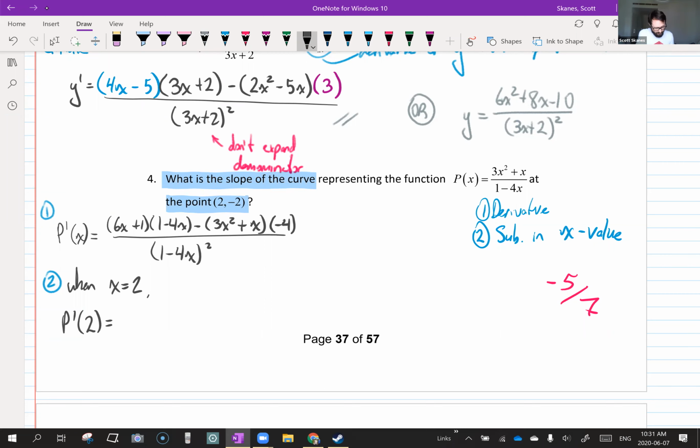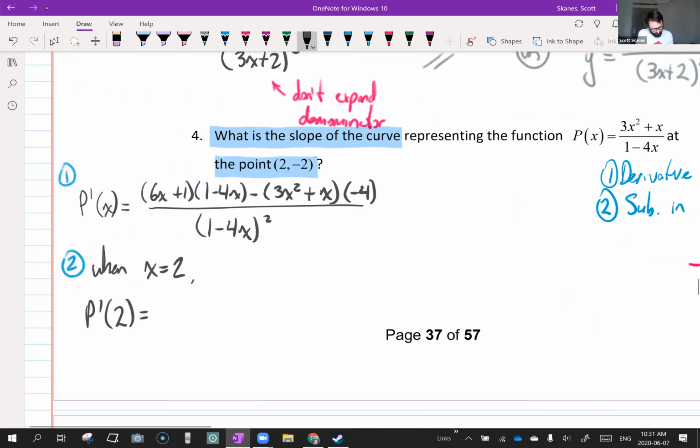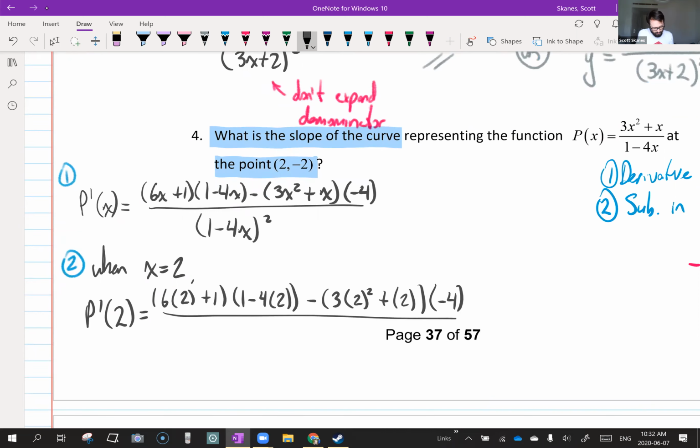So I use a lot of brackets. I'm going to zoom in a little bit. I use a ton of brackets. Every time I see an x, I put a bracket. And the reason for that is if it's ever negative, you won't make a mistake. More importantly, when you put it in on a calculator, it won't mess you up. Some students find that very confusing, so you've got to get used to it, but it'll help a lot.